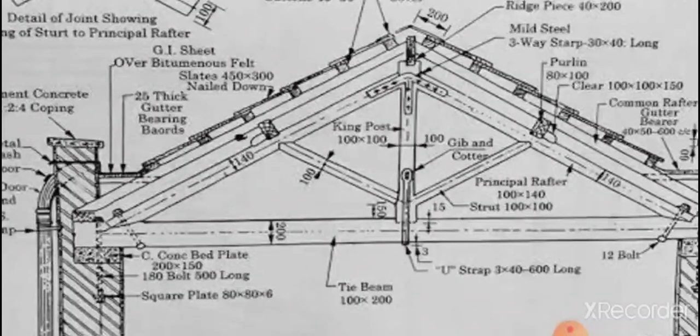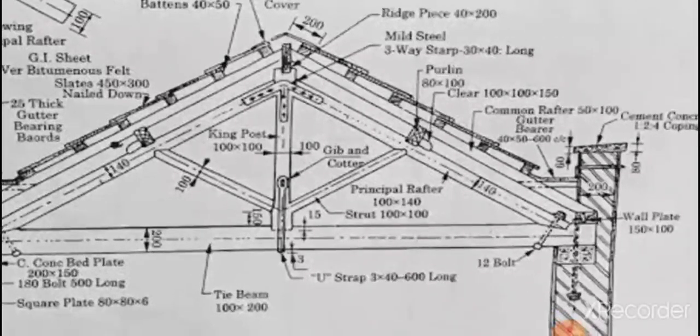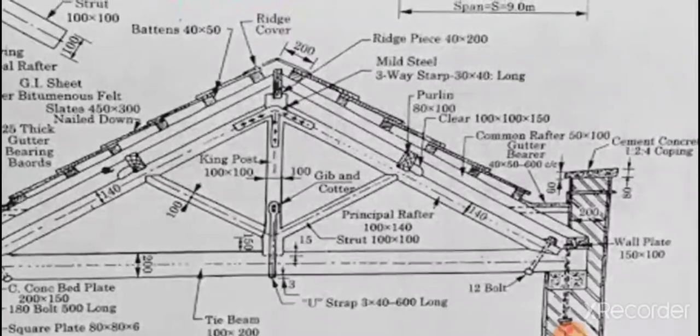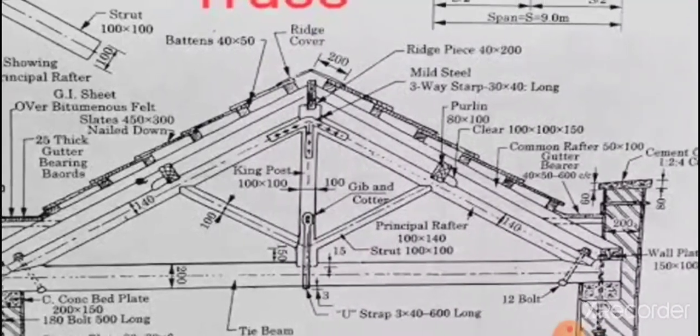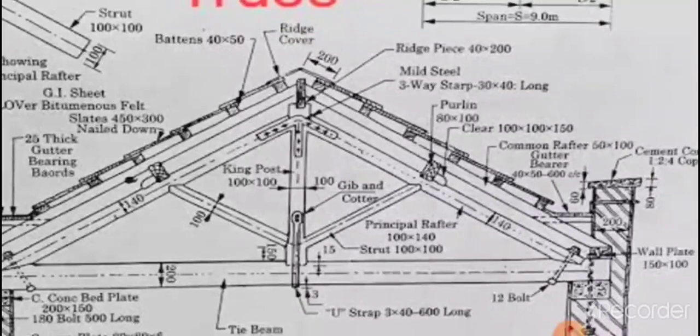Okay, as this is the two-dimensional drawing, this is the front view. So from the front side we will see only the length and breadth, not the inside thickness. Now let us come to the principal rafter. The size of the principal rafter is given as 100 by 140. So the breadth mentioned here is 140, and the inside thickness is 100.